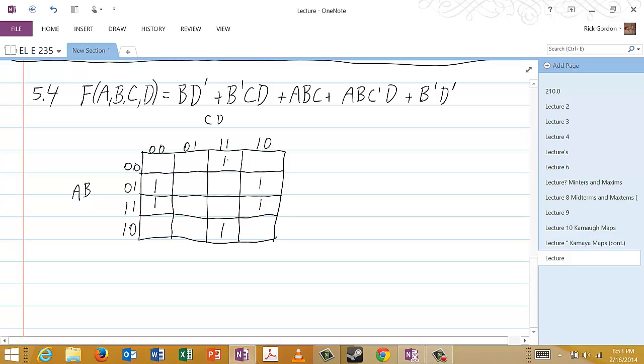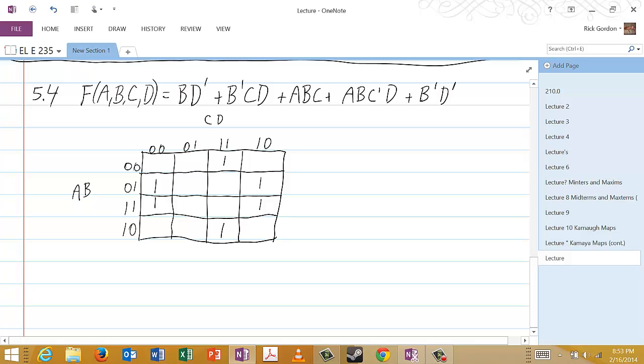And you will see that in these two cells, those are the only two cells in which B is equal to 0 and C is equal to 1 and D is equal to 1. And notice, as we predicted, this term here, which had 3 variables, is represented on the Karnaugh map with 2 1 cells. That will also be the case here for ABC.